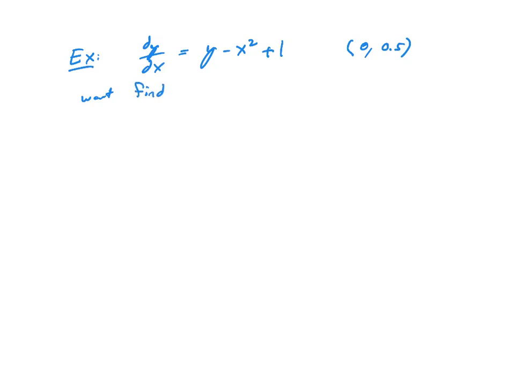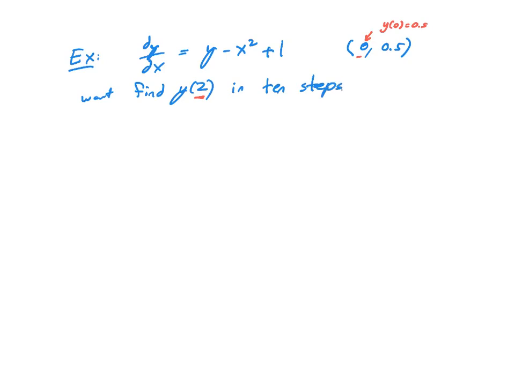I'll make this a little bit more interesting. I want to find y sub 2. Remember, this is saying y sub 0 is equal to 0.5, so I'm starting at 0 and I want to end at 2, and I want to find it in 10 steps.